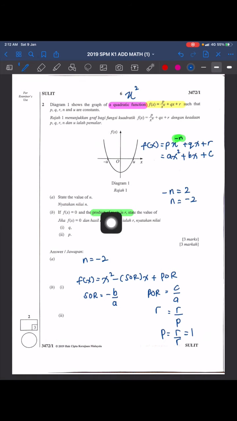Okay, kita tengok roots bagi soalan ini adalah u and negative u. Okay, so sum of root is basically just kita tambahkan dia. So negative u plus u, okay, is equals to negative b from the question is q over a is p.